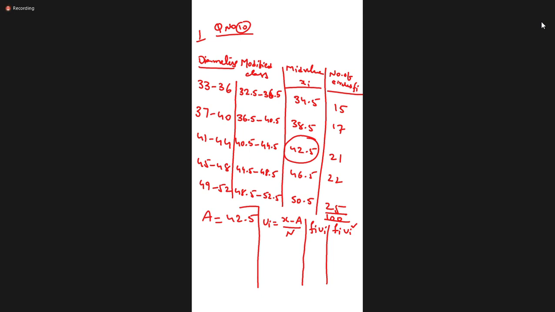What is the ui formula I gave you? ui is equal to x minus a by n, I gave, not n h.